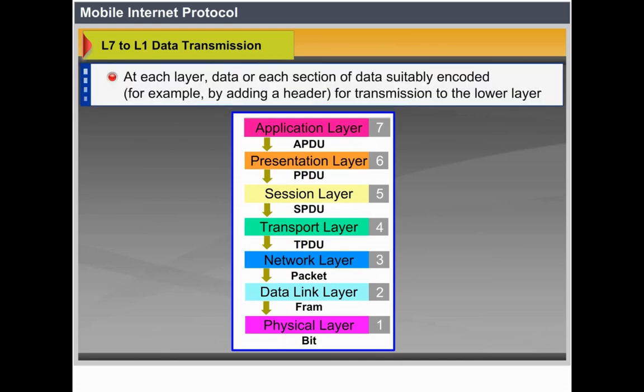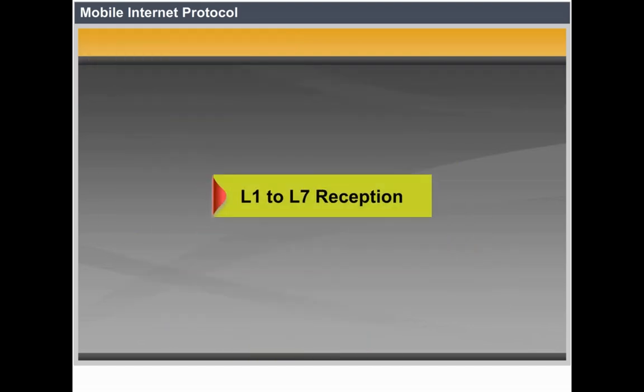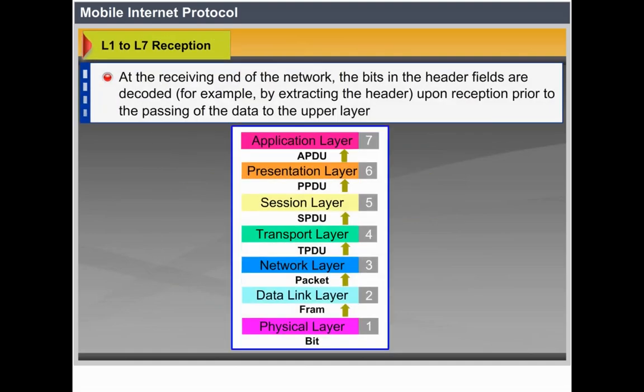At each layer, data or each section of data is suitably encoded, for example, by adding a header for transmission to the lower layer. L1 to L7 reception. At the receiving end of the network, the bits in the header fields are decoded, for example, by extracting the header upon reception before passing the data to the upper layer.